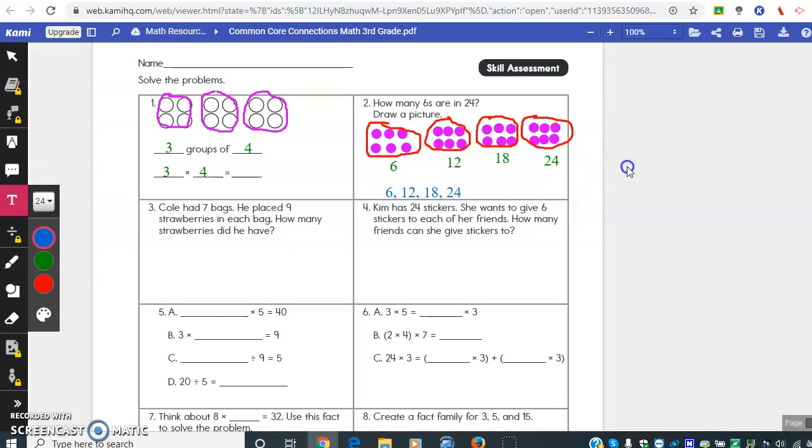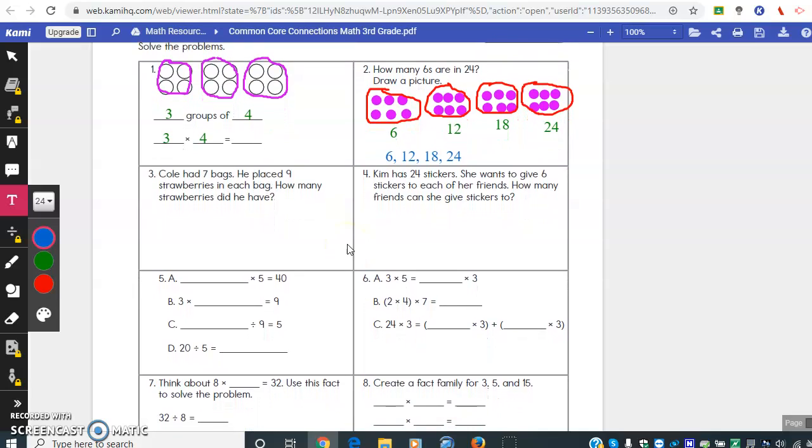It's a separate picture. I would count this as a picture. It's not quite a picture as much as it is a strategy or a method, but skip counting would work here as well. So you can either draw this picture to illustrate that there are 4 6s in 24, or you can write your 6s, skip counting, to illustrate that there are 4 6s in 24. Either one of those will work.